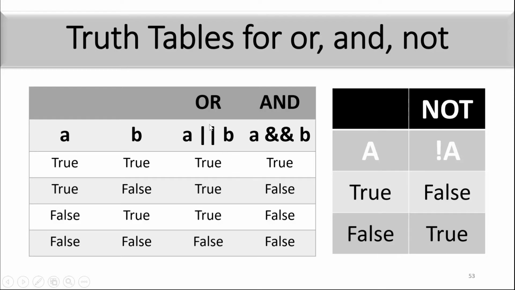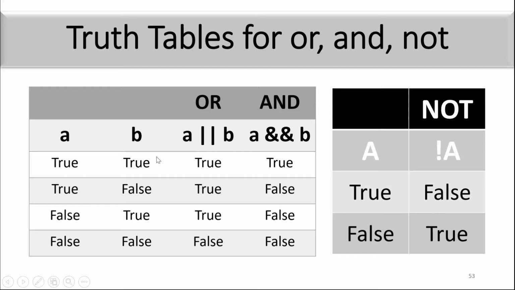For the AND operator, both statements must be true to come up with a true result. So if A is true and B is true, then the result is also true.